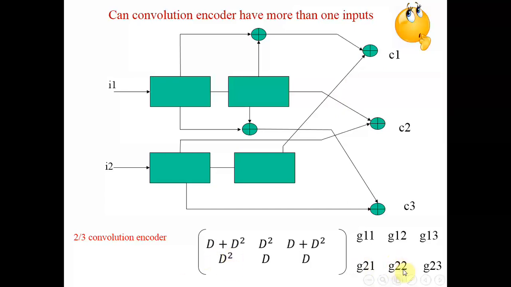Now if I go for G22, the second output is getting contribution from this arrow, which is coming from this particular flip-flop. So only D, no second flip-flop is involved, no input is involved, so it is only D. Similarly G23 is directly this line, which is again a D. So these are the 6 generating functions, right?